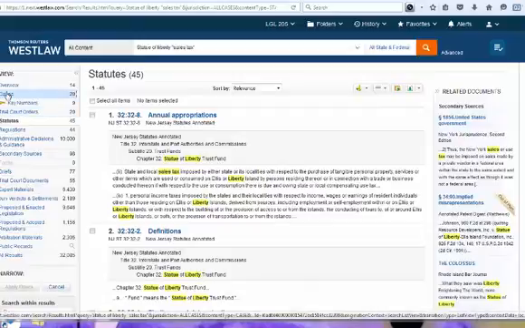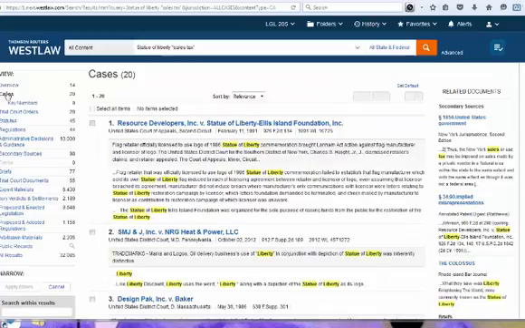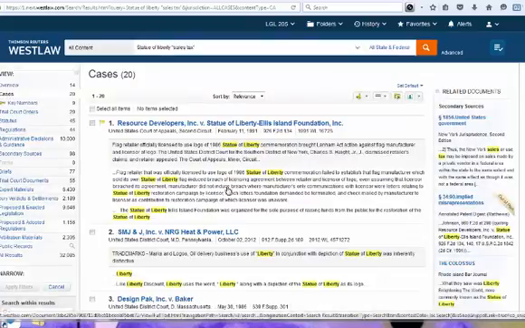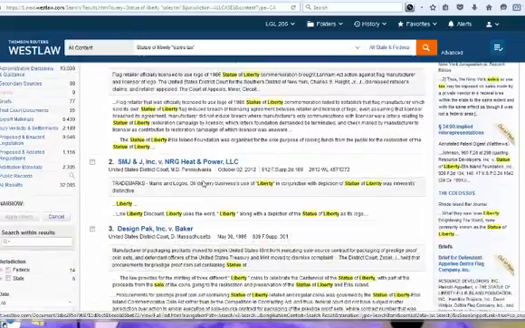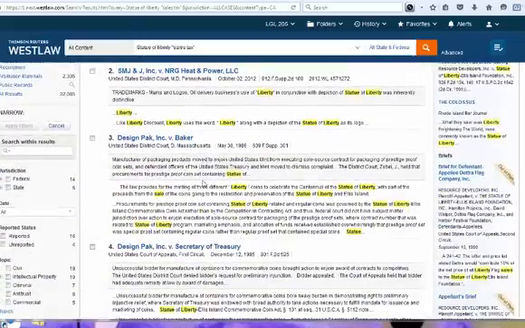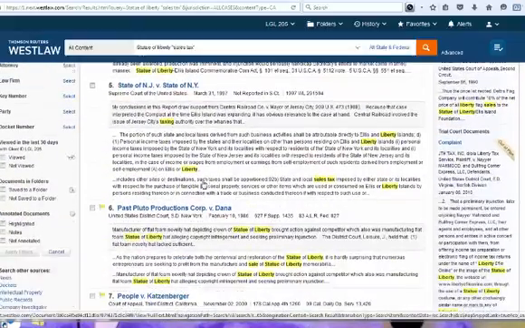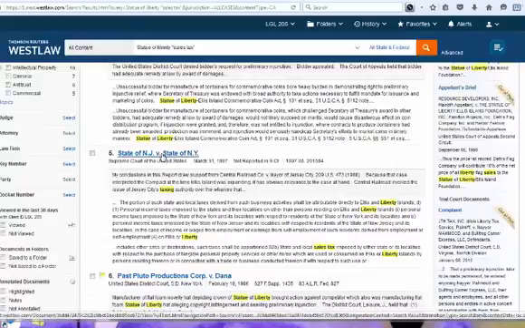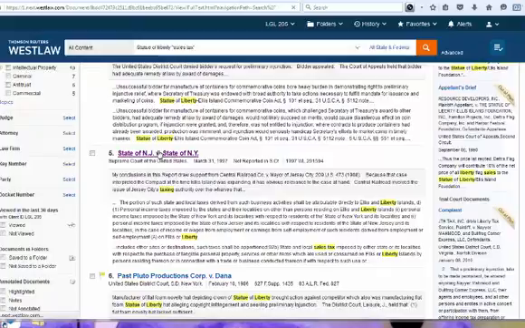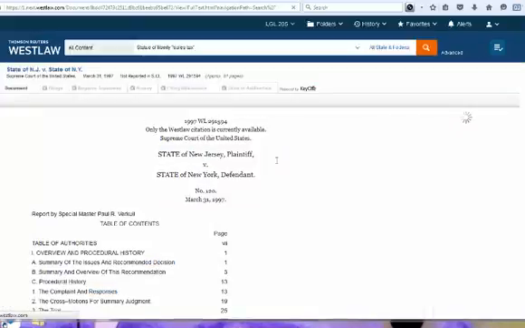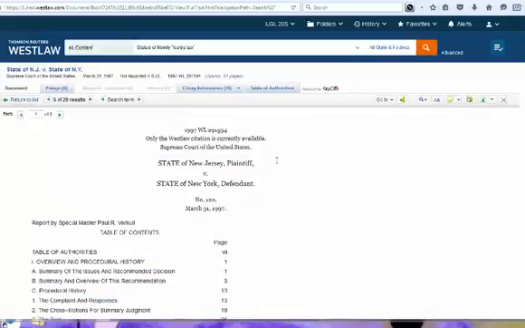Let's look for the cases. It was a U.S. Supreme Court case. This is a 1991 case. Doesn't say sales tax. Oh, here it is. I don't know if that's the original case. The timing doesn't look right. But this is the states suing each other.